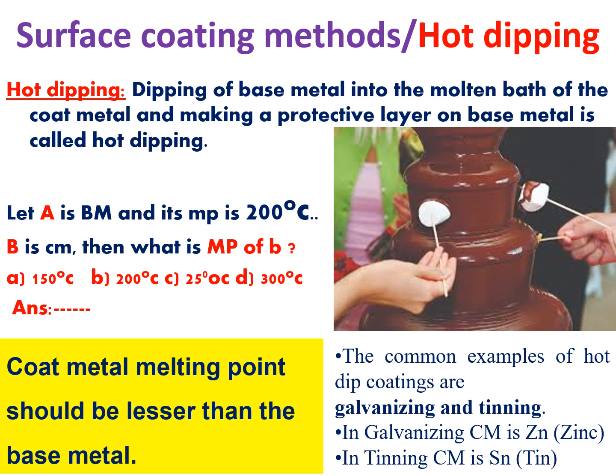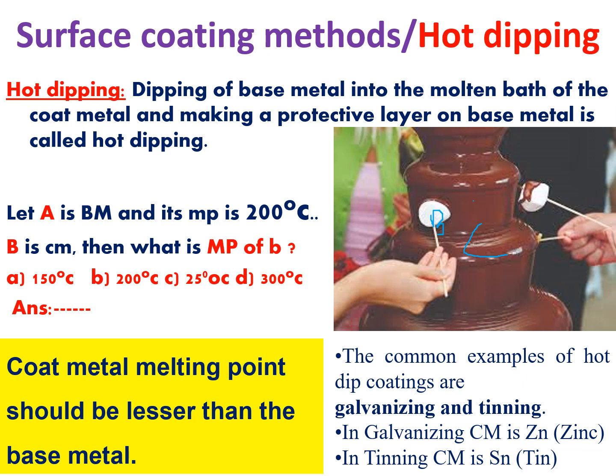The same principle applies here. Let's consider the chocolate fountain as the coat metal and our bun as the base metal. So you are making a coat metal coating on the base metal.